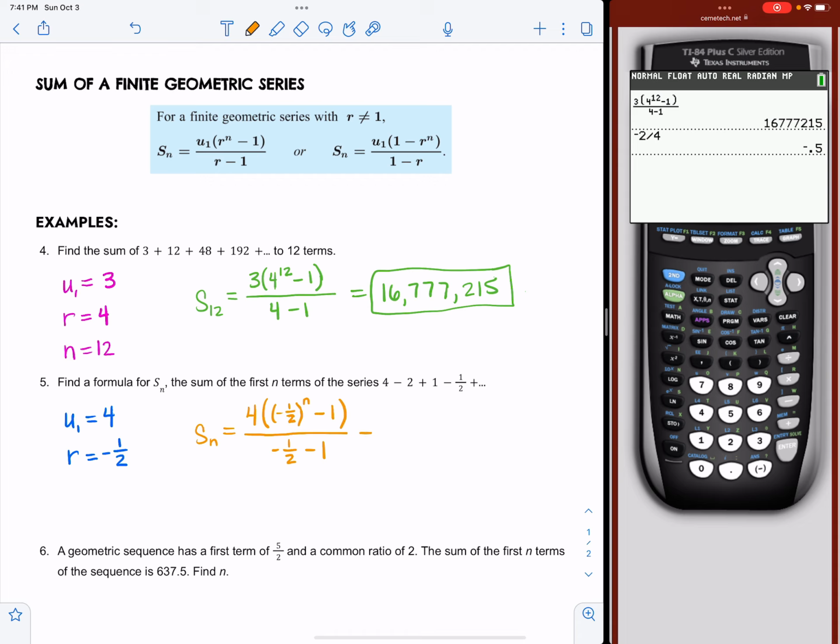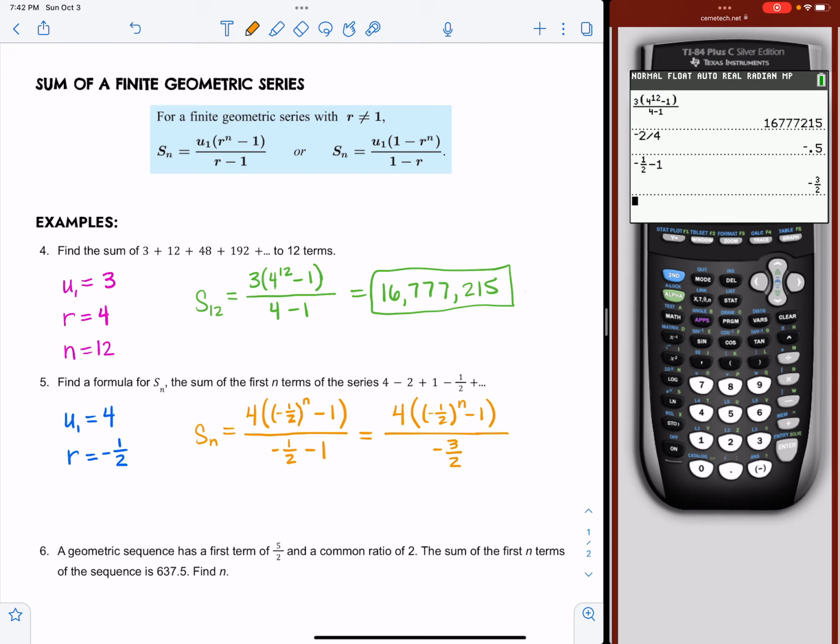Of course we want to simplify it. So we're going to have 4 times negative 1/2 to the power of n minus 1, divided by negative 1/2 subtract 1, which will be negative 3/2.